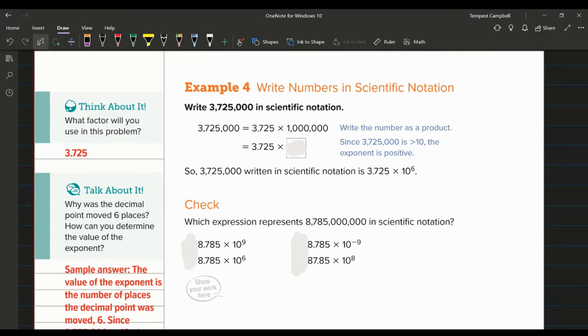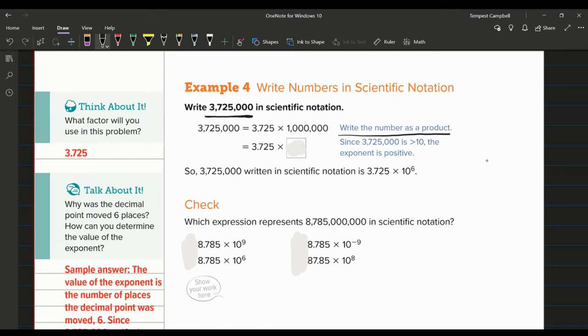So in this example, we have this really big number, 3,725,000, and we want to rewrite this into scientific notation. So it's in standard form. We want to put it into scientific notation. So the way they did it is we're going to write the number as a product.